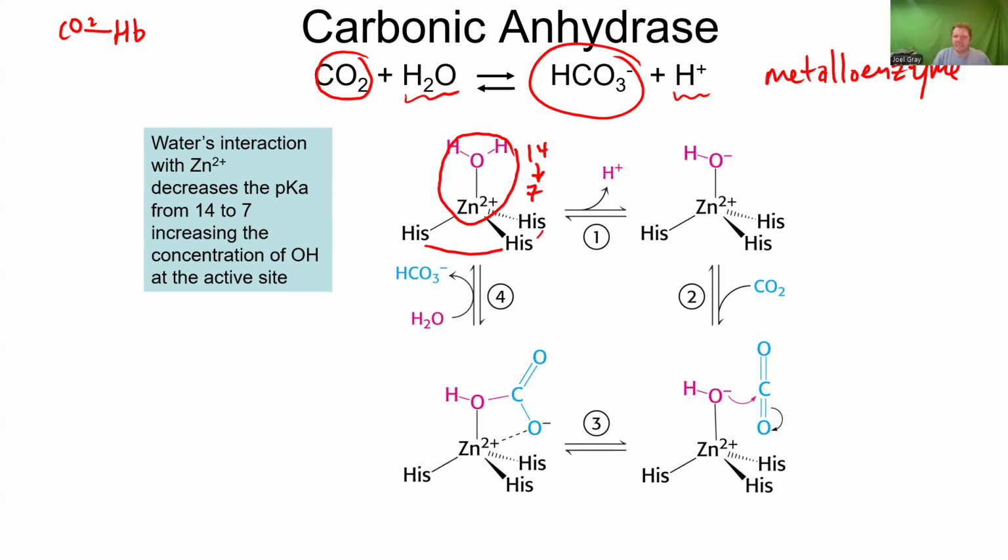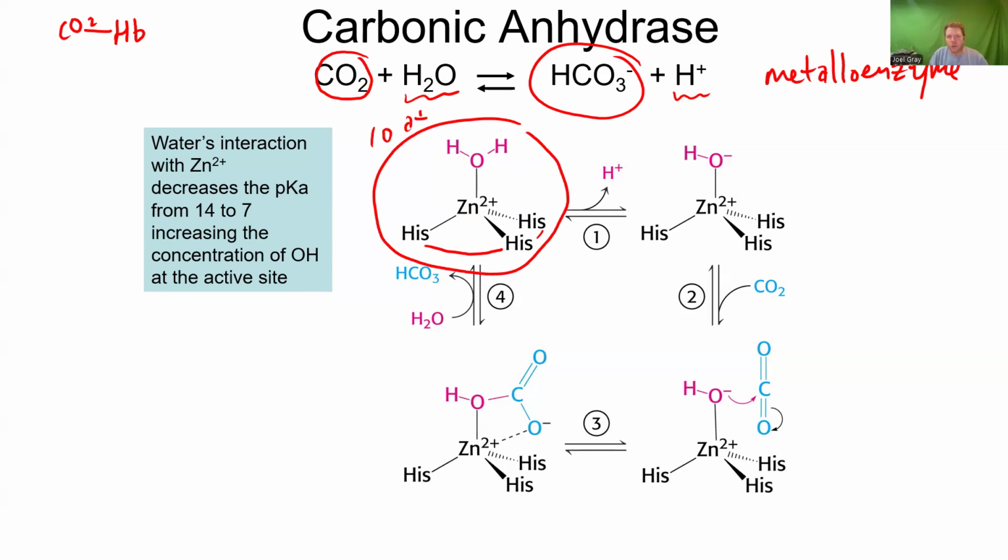So what that means is that this water molecule, let's say that you had multiple copies of this whole thing, say 10 copies of it at a pH of 7. Well, 5 of them are going to be deprotonated and 5 of them are going to be protonated. So 5 will look like this and 5 will lose one of those protons because the pKa has dropped.